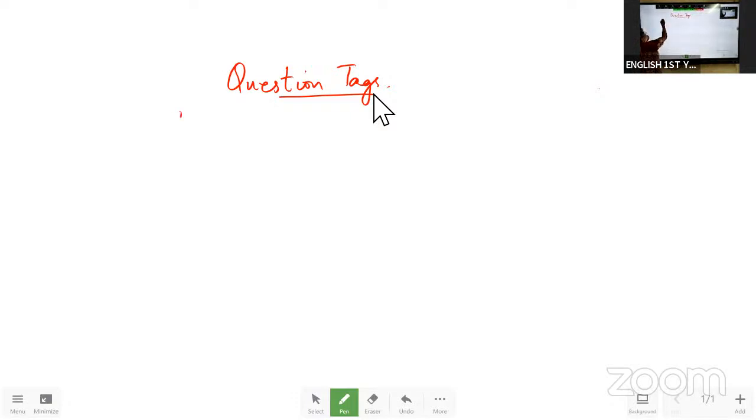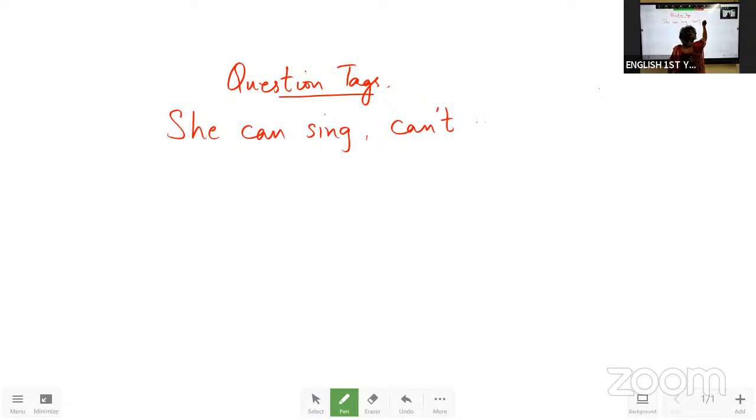Like, she can sing, comma, can't she? When it is positive, the tag is negative. The auxiliary verbs are used here, children.